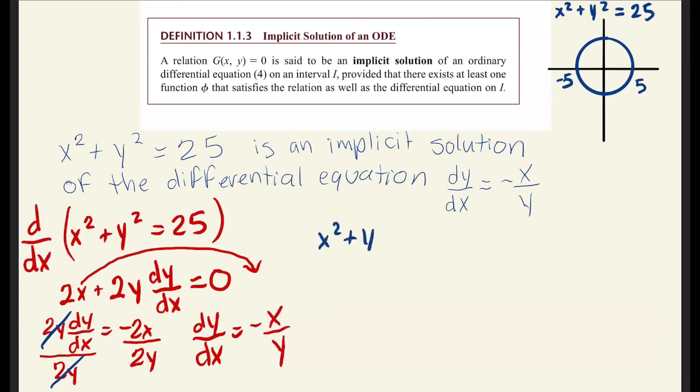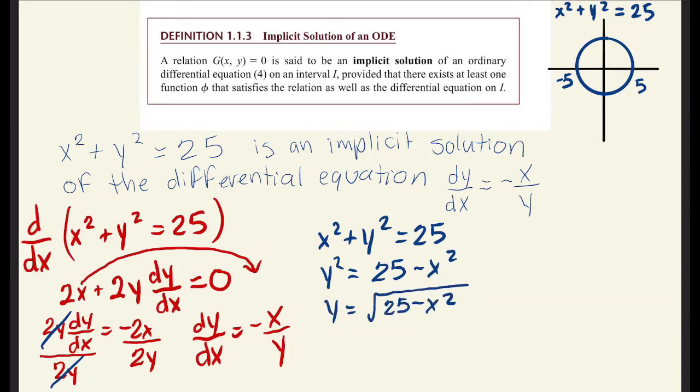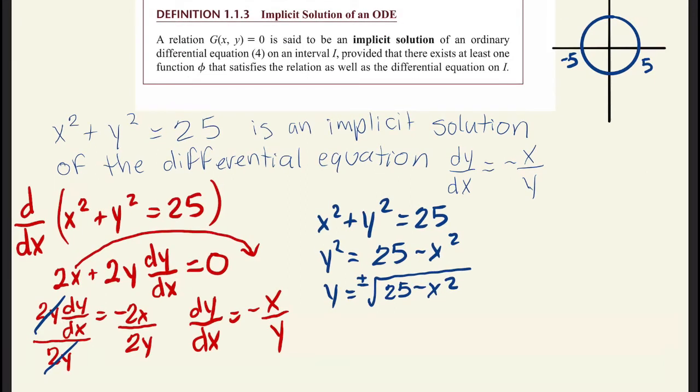But when we solve x to the 2 plus y to the 2 equals 25 for y in terms of x, it yields y equals plus or minus the square root of 25 minus x to the 2.